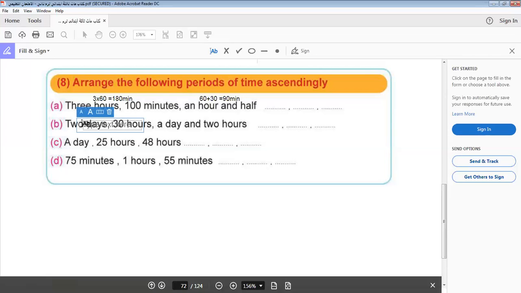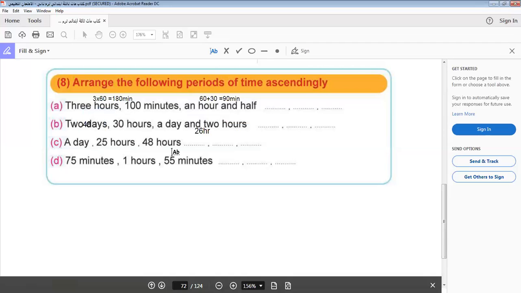To the hours. 2 days, 2 multiplied by 24, and we said you will say it automatically, 48. Okay, so 48, and here 30, and here a day and 2 hours. The day is 24 and 2 hours, so 24 plus 2 is 26. Okay, and you can complete it.